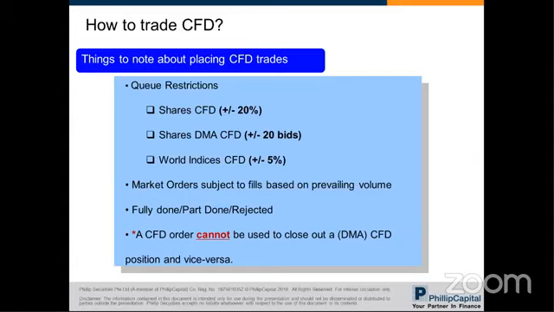So you are offsetting on both ends, and you are incurring finance charges for both positions. So remember, for share CFD, close using the same share CFD. For DMA, close using the same DMA.